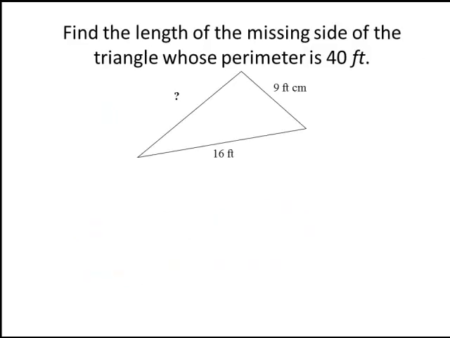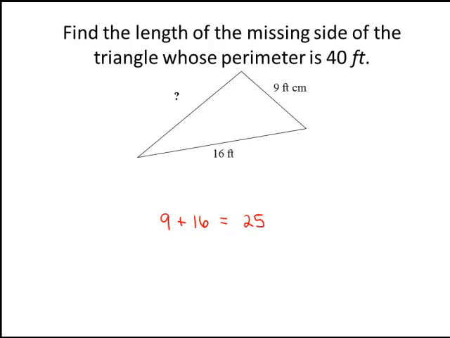Find the length of the missing side of the triangle whose perimeter is 40 feet. We know that 40 feet is the length of all three sides added together. Also, 9 plus 16 equals 25.